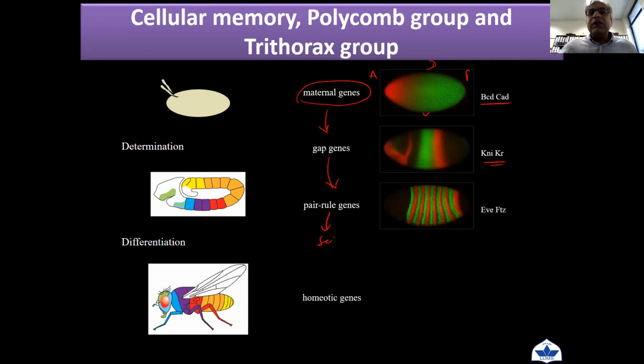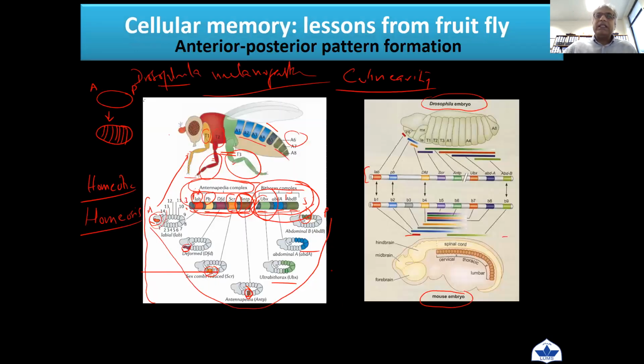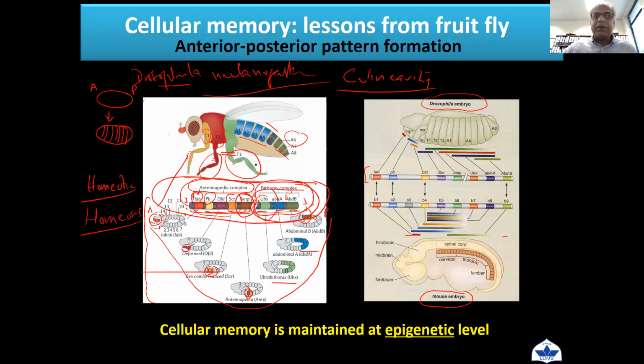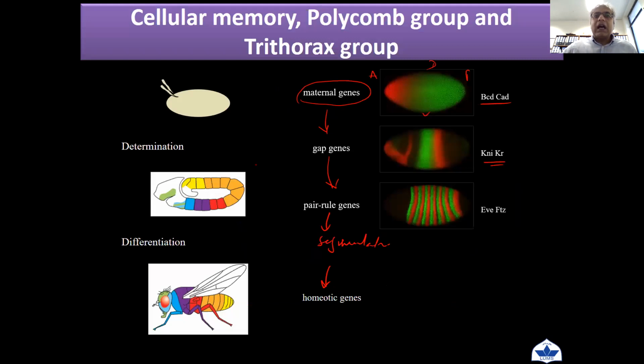And finally, you have homeotic genes. So these genes, bithorax complex and antennapedia, in this cascade of gene expression in early development, come at the end.